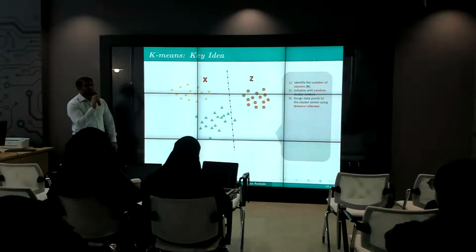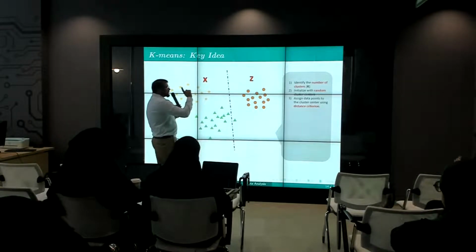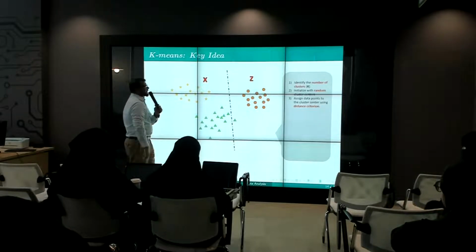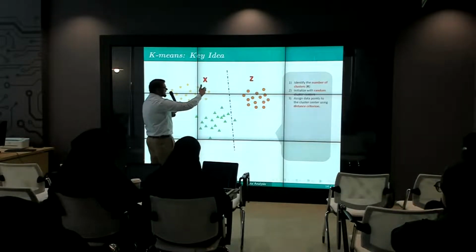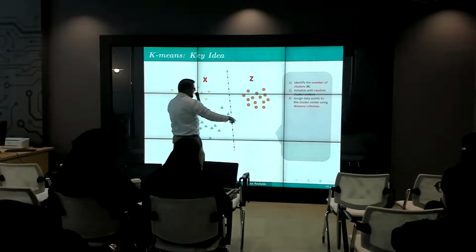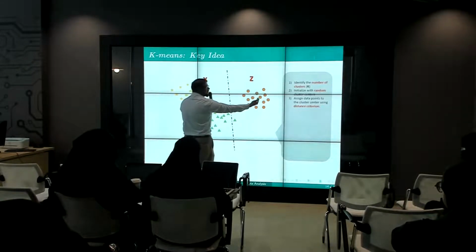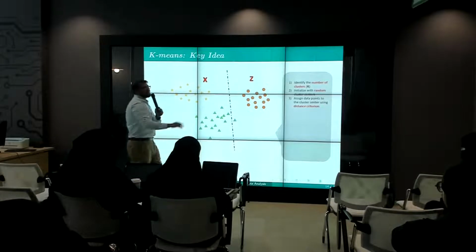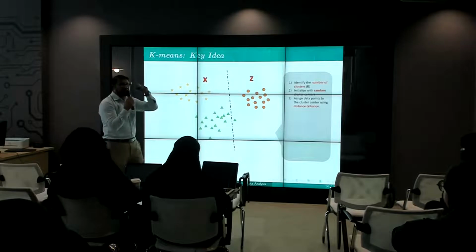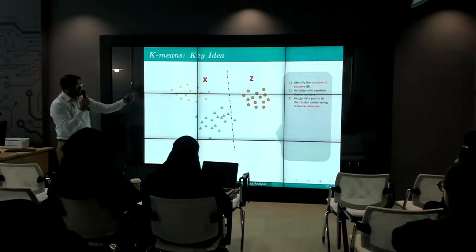Let me just take only 2 cluster centers, X and Z. Because of the Euclidean distance, and if you change the distance, this decision will change, you will see that all the points on this side of X will have lesser distance to X compared to Z. Pick any point on this side, you will say that it is closer to X than Z. Similarly, any point on this side will be closer to Z than to X. So that's a decision boundary that pops up by default because of the Euclidean norm. Otherwise, if you pick any other norm like the absolute norm, it will be slightly distorted.